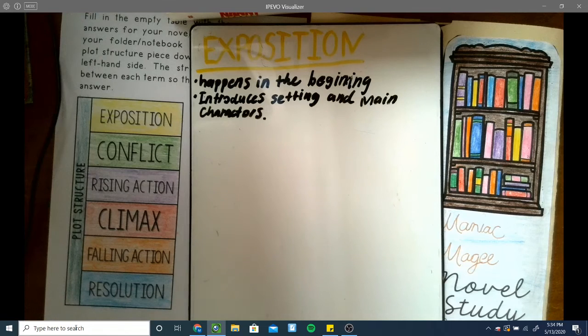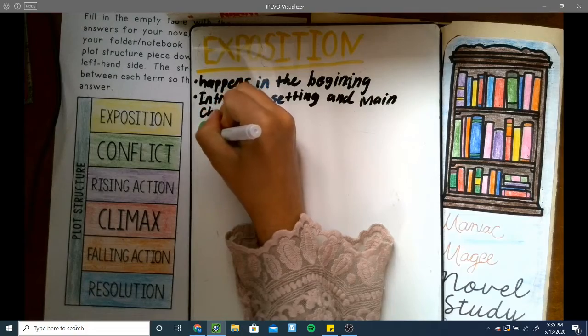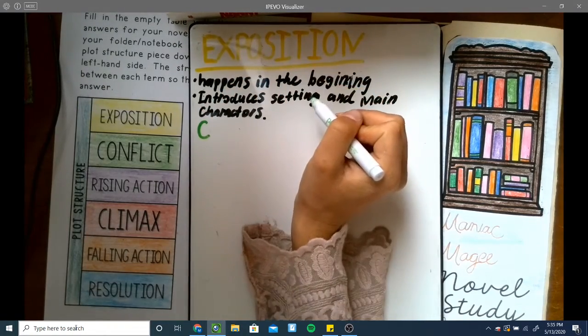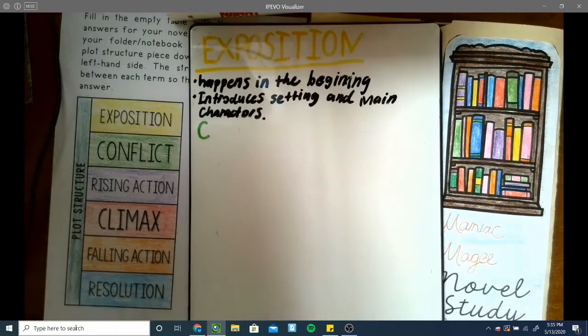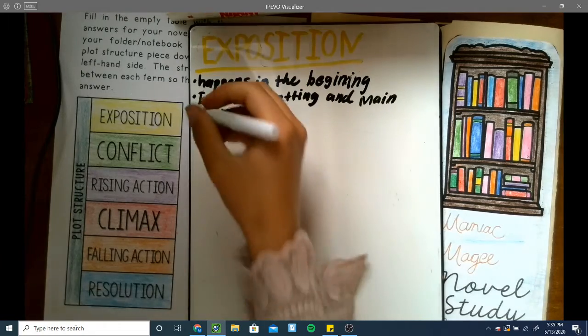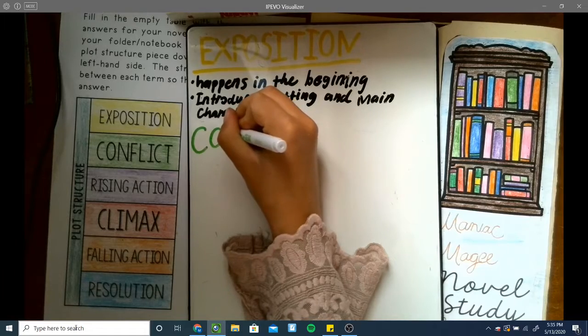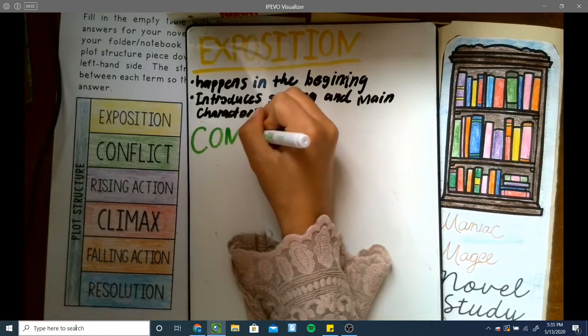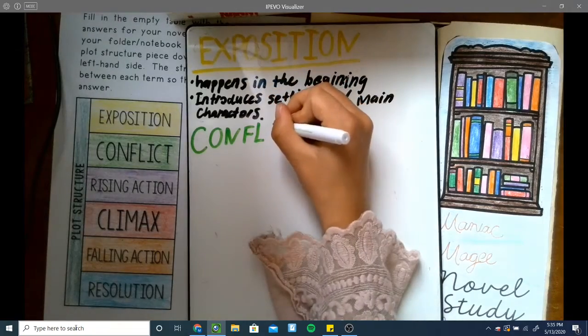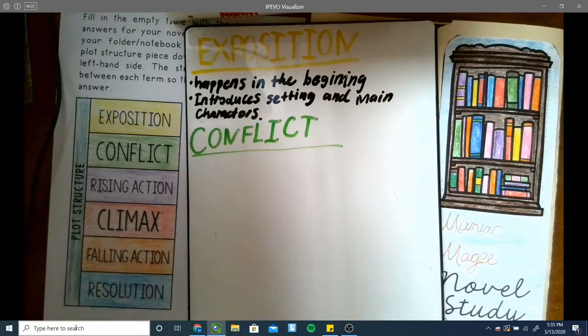Next we have the conflict, which is the problem of the story. And this conflict is usually part of the exposition. So I'm going to write it kind of a little smaller here in green. So here's our conflict. And everyone knows what the conflict is usually.